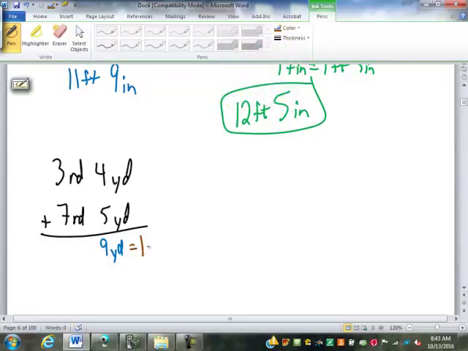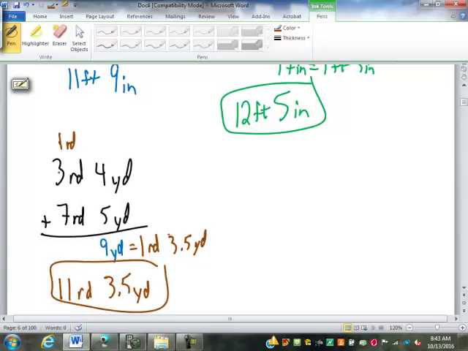Yeah, how many yards are in a rod? 5.5, right? So out of 9 yards, how much would be left if I take a rod out of it? 3.5. So we're going to keep our 3.5 yards and carry our 1 rod. 1 and 3 makes 4, plus 7 makes 11 rods. So 11 rods, 3.5 yards.